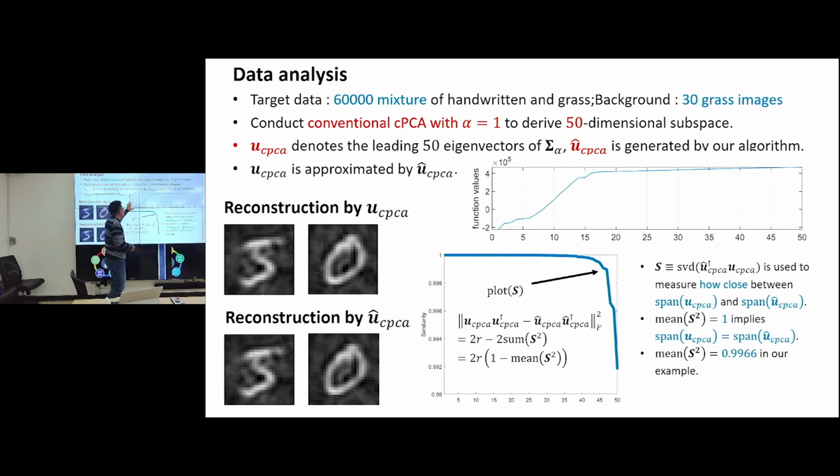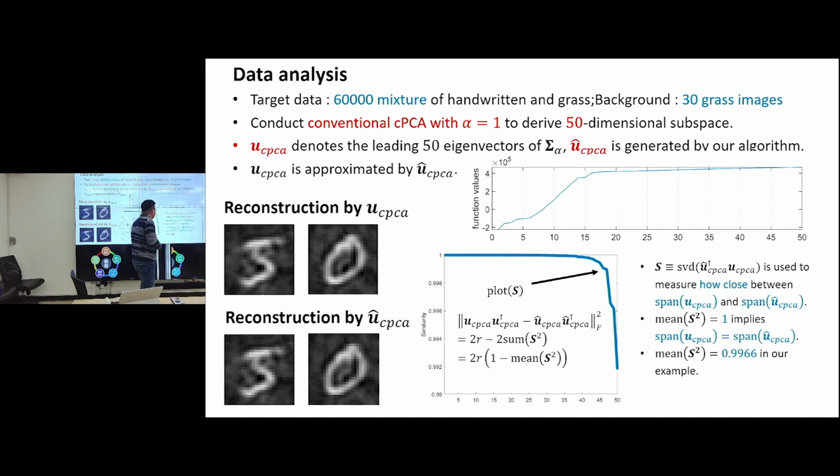And as you can see, we run the method for 50 iterations, and we can see the objective function value is increasing. We can also derive the similarity. The definition of similarity is given by the singular values of this formula.